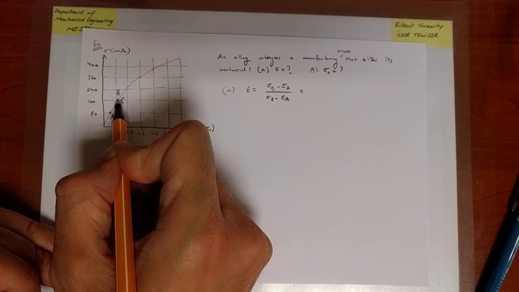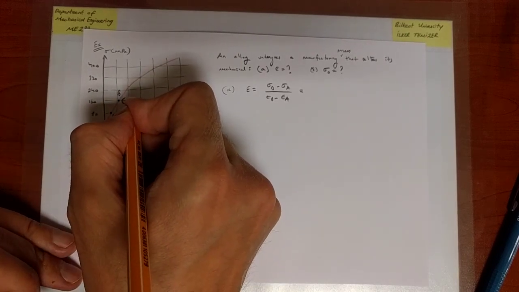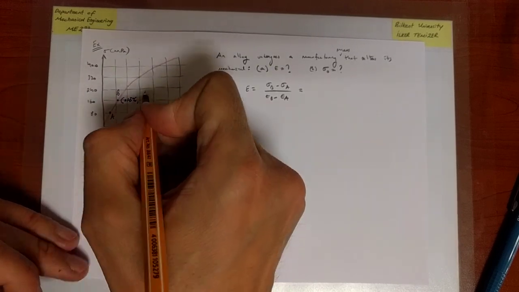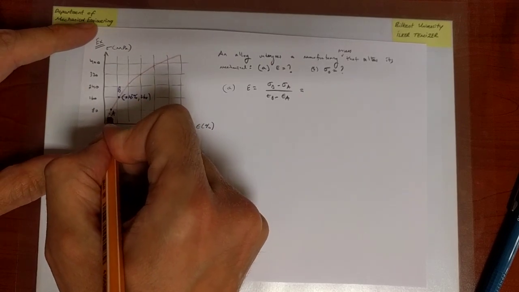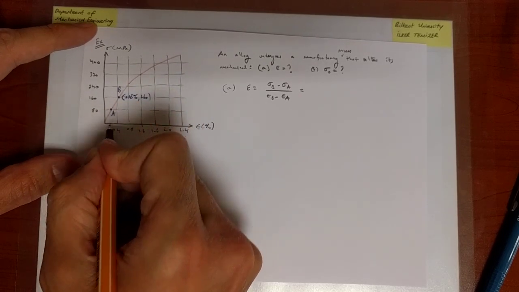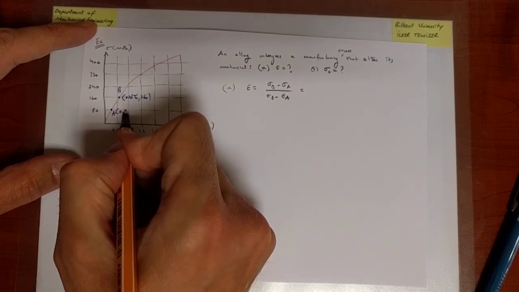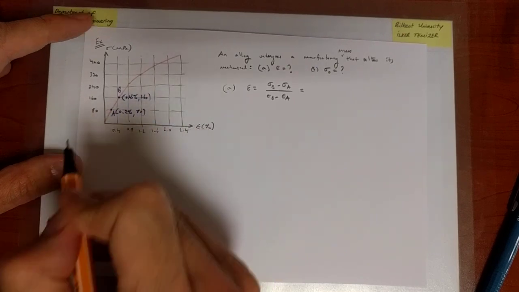It's still not very close to my point, so I'm going to assume that this point has 0.45% strain, and the stress is 160. Okay. Now for this point, it's lying almost at a value of 0.2, so I'm going to say that the strain is 0.2% and the stress is 80.